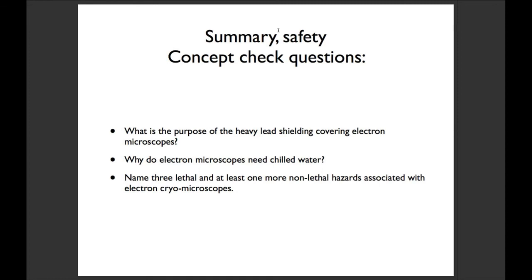It's flammable as a gas, but it's also a burn hazard as a liquid, which is what we freeze all of our grids with. On top of that, we also have SF6, the gas that fills the high tension tank, and that is an odorless heavy gas that can asphyxiate you. So there are a lot of potentially dangerous things, but any good lab safety training should cover them before you do any EM. And that's it.